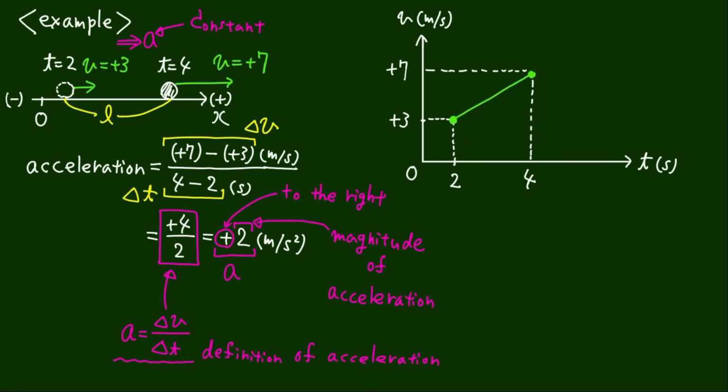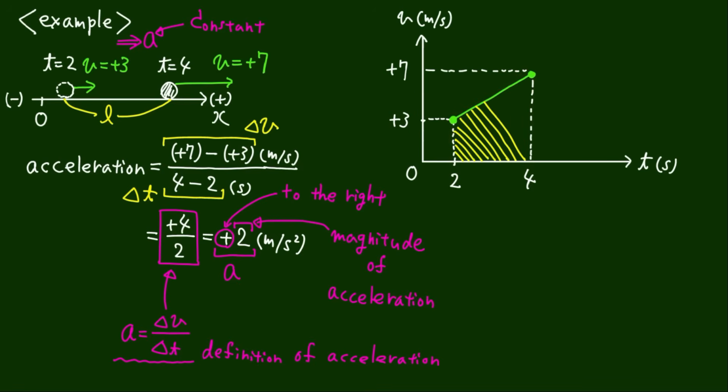Is that clear? Now let us try to find the distance when the velocity changes steadily like this, using the concept of area in the VT graph we discussed earlier. In this case, since it is the area below the graph, we need to calculate the area of this trapezoidal shape. Let us shade this area.